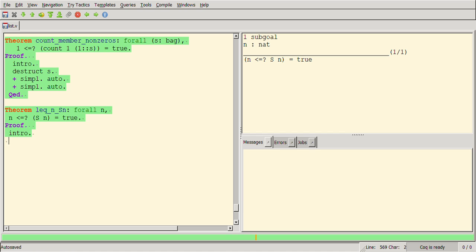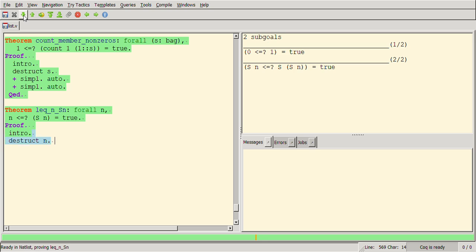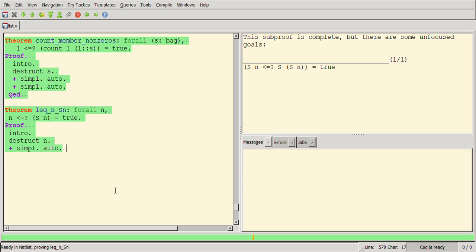And now we can use case analysis, and let me choose destruct n. If we choose to destruct n instead of induction, let me see what problem we will face. So the first sub-goal is here, and let me simplify it. So 1 is greater than or equal to 0, and we should get true on both sides. Yes, we get it. So we can close this sub-goal with auto.